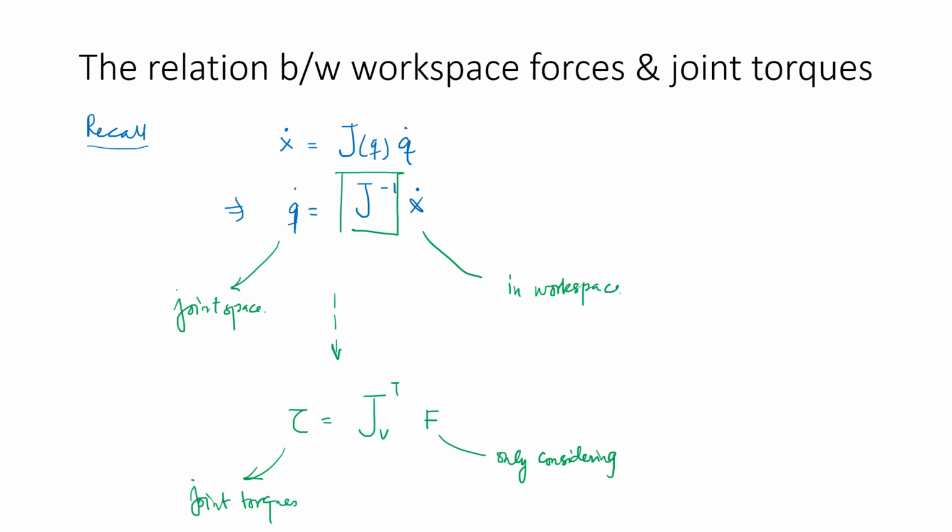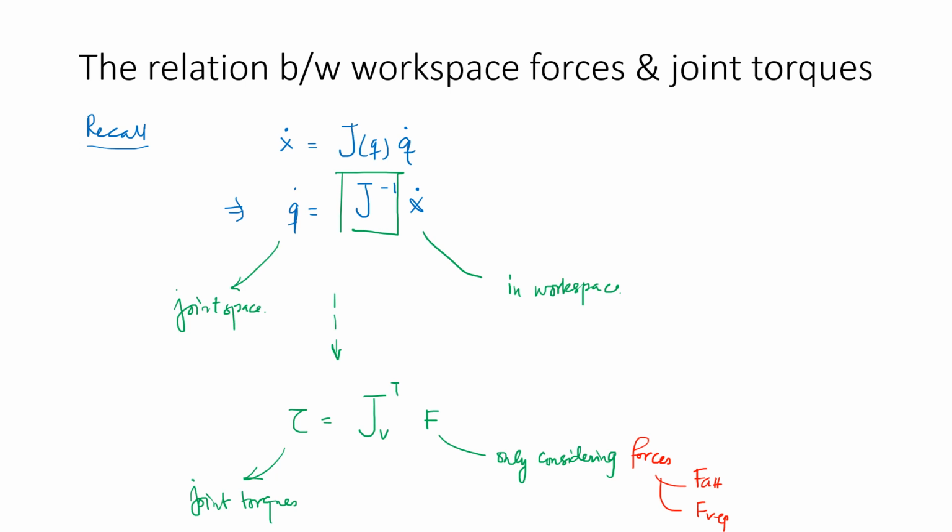which can be computed when you multiply the linear velocity part of the Jacobian transposed times the forces that you have already computed in the previous step, the attractive and repulsive forces. So let me write those down as well. Only considering forces, and these forces are going to be both of these attractive and repulsive forces.